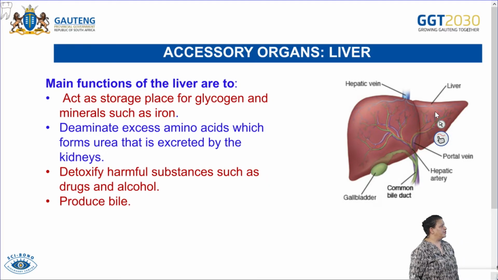Now let's look at more things about the liver. If you eat poisonous food, the liver is actually known as a detoxifier. Remember that, right? So let's look at the main functions of the liver relating to digestion.